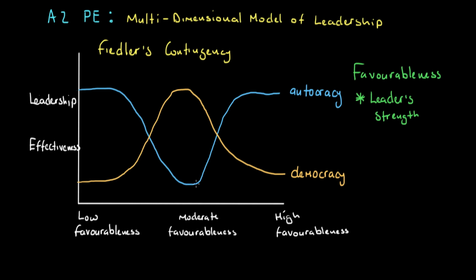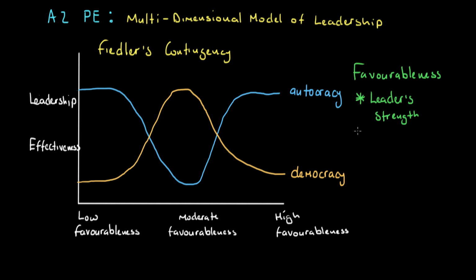If it's moderate, like the group's warming to them but they're not sure, maybe the position is a bit confused, then democracy might work better. And if it's really low favorableness, you're fighting for your position, or maybe the leader has potentially got to be replaced, then autocracy, getting exactly what they want in that situation, seems to be the way to go about it.